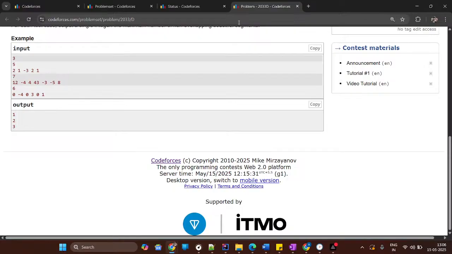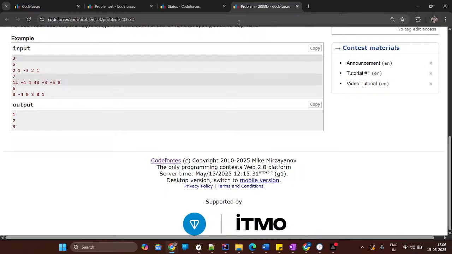So what I did was I made 0 minus 4 minus 4 minus 1 minus 1, 0. And then, when this is automatically 0, then it does not need a previous thing.